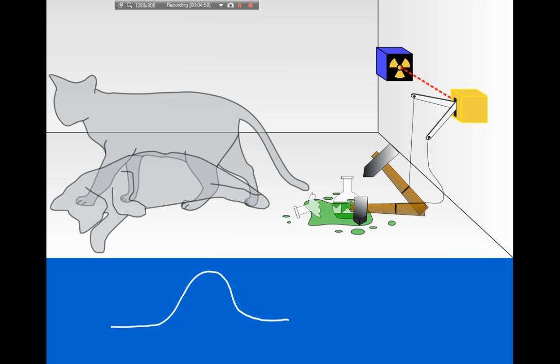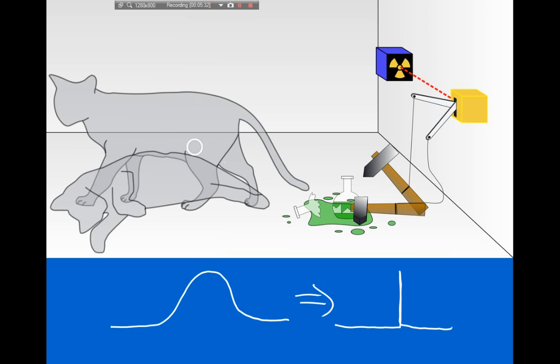It's because of decoherence. So remember, if I have an electron which is in, say, some kind of wave distribution that looks like this, if that electron interacts very strongly with its environment, then that wave function will collapse into a state that's very compressed, like this. And the same thing is true for the nuclei of the atoms inside here. Because these atoms are very, very strongly coupled to their environment, right? They're very strongly coupled to this Geiger counter and this device and this cat.